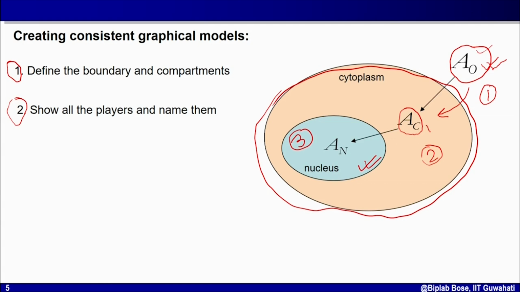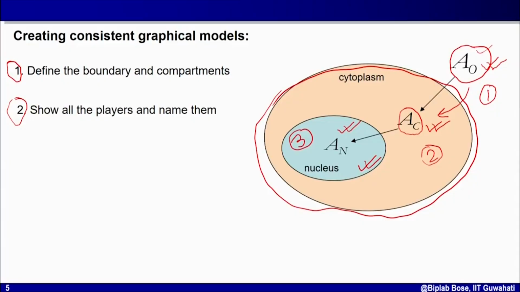I can also keep a record of how many AC are there, that means how many A molecules are in the cytoplasm, and I can separately record how many AN are there inside the nucleus, that means how many A are present inside the nucleus. So note the crucial issue here. Although A present outside the cell, inside the cytoplasm and in the nucleus is the same molecule, we have named them separately because they are present in three different compartments.